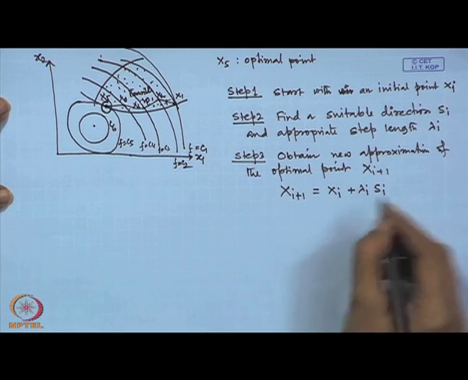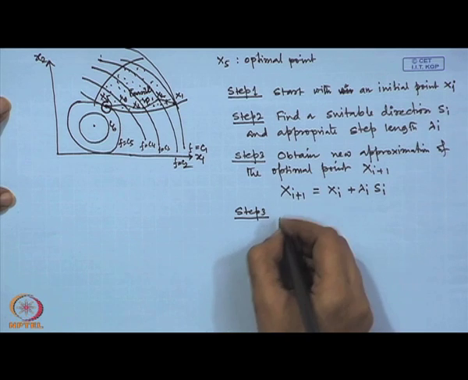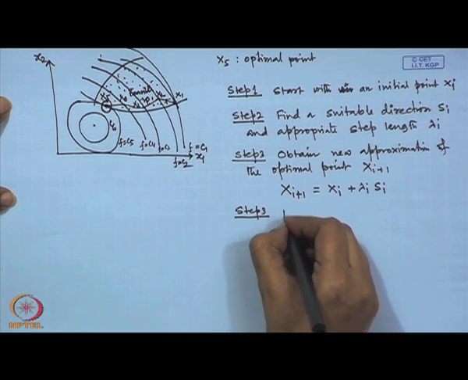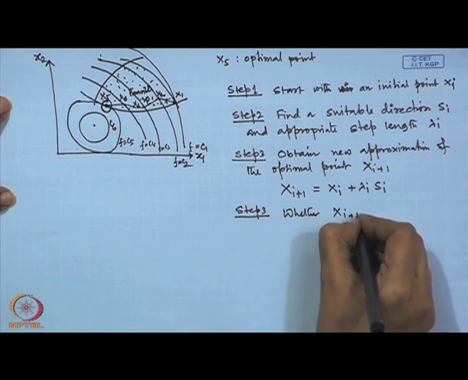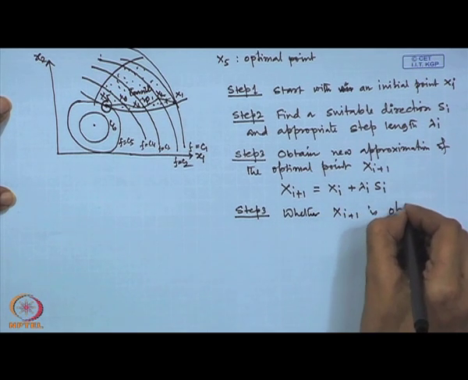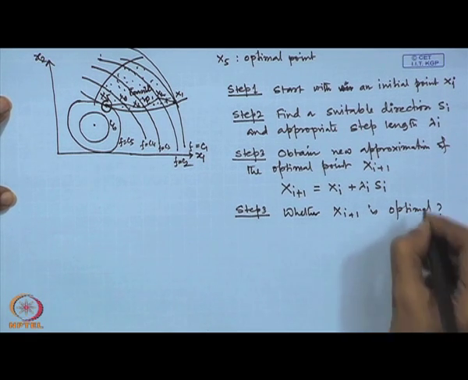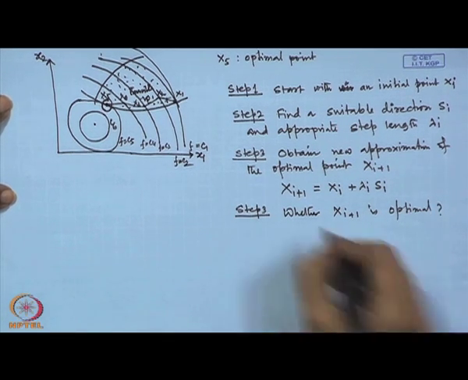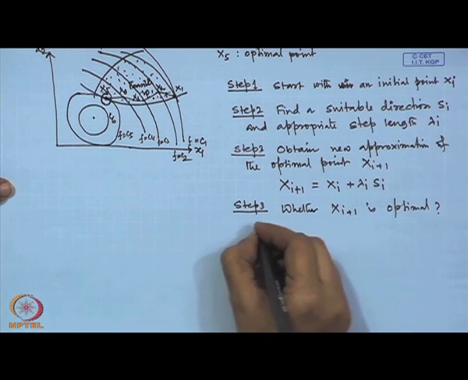Once we are reaching xi plus 1, our next task would be to find out whether xi plus 1 is optimal or not. How to check the optimality? There are certain mechanisms for different problems. I will discuss further on that. That is why we will check whether xi plus 1 is optimal or not.